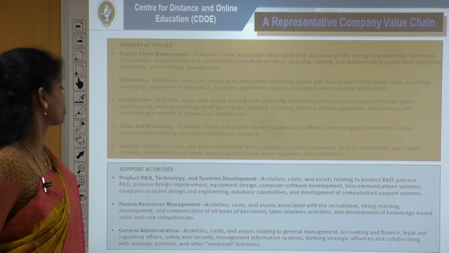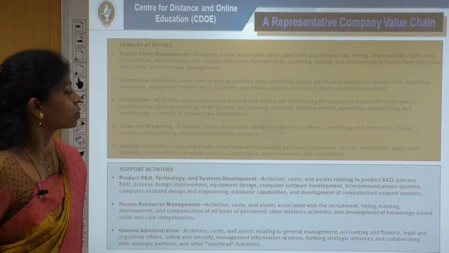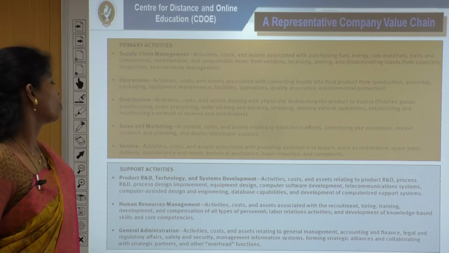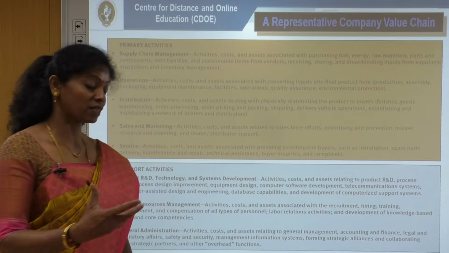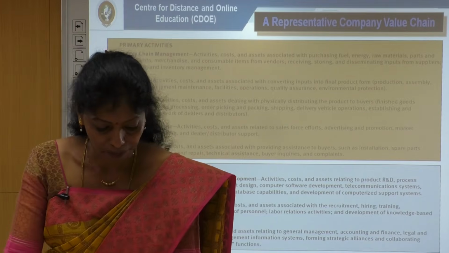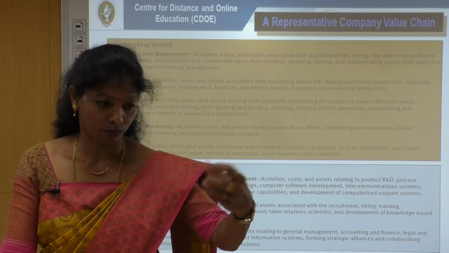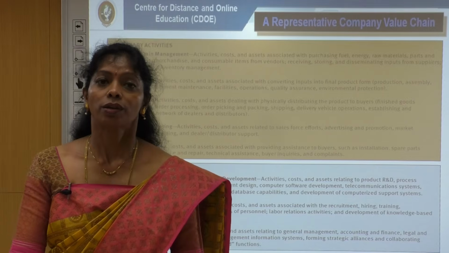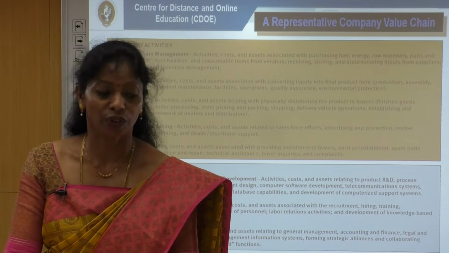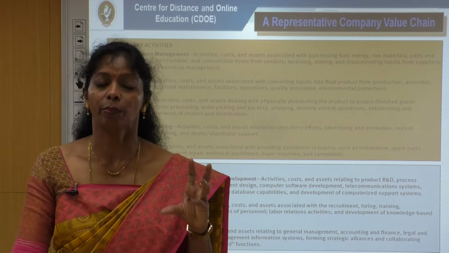Now the supporting activities. We talk about product R&D, technology and system development. So the costs related to R&D, process design improvement, equipment design. For example, if we talk about laser die making, basically which particular size you need the die, and what material is being used in making that particular die.